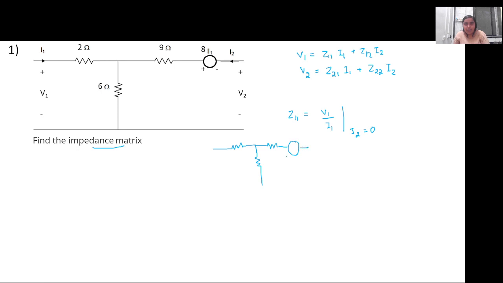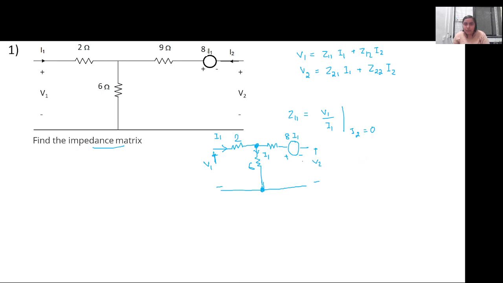Since I1 is present, this 8 I1 voltage will be there, but I2 is equal to 0, so there is no current flowing in this branch. Whatever I1 current is flowing here will flow in this circuit itself as I2 is 0. V2 will be the voltage across this terminal, which is actually the voltage across this 6 ohm resistance. V1 is the voltage. This is 2 ohm.